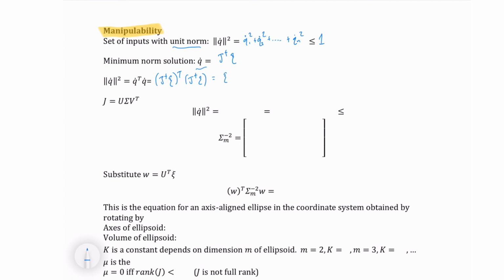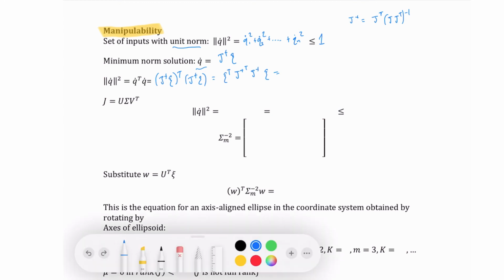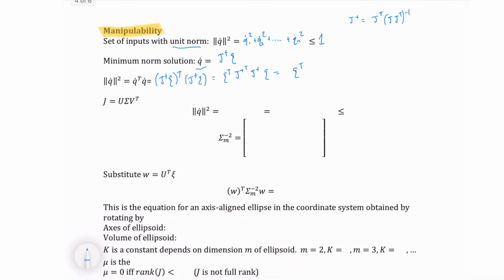And so I've got psi transpose times J pseudo-inverse transpose times my J pseudo-inverse times my psi. And just remember that my pseudo-inverse is equal to J transpose times my J J transpose inverse. So we can leave that part as an exercise to the reader, but we get psi transpose times the quantity of J J transpose inverse times psi. And this one always has to be less than or equal to 1.